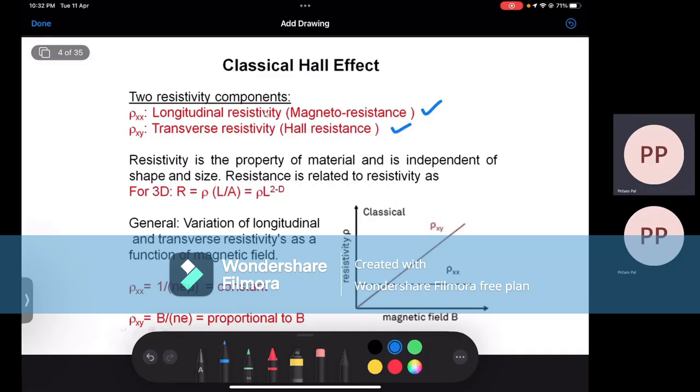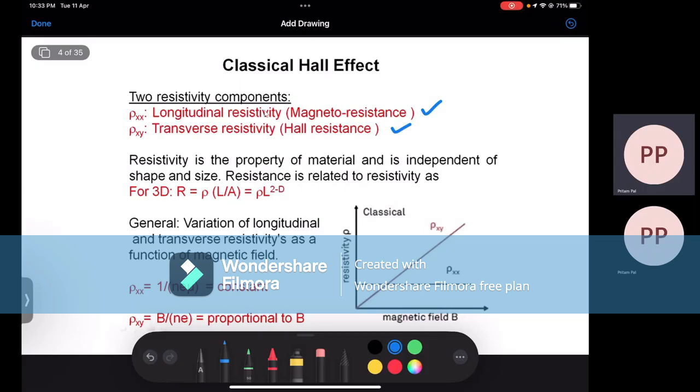Okay, so sometimes it's also known as the magneto resistance, but this is not very common. Because the magneto resistance term we are using for the materials in which the resistance is field dependent, is magnetic field dependent, but in this case, in general, all materials do not show the magneto resistance effect.